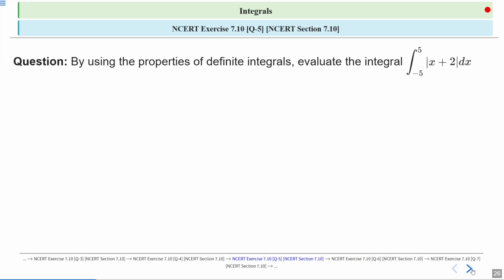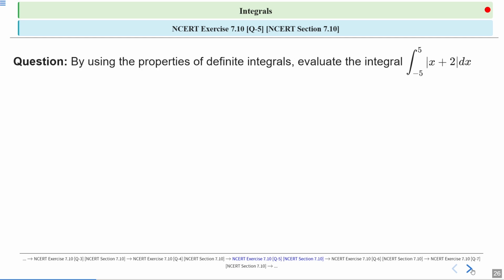Now, question number 5 is, we need to find the value of the definite integral from minus 5 to 5 of mod x plus 2 dx. In this question, we need to integrate mod x plus 2, and we know we cannot directly integrate mod x plus 2.